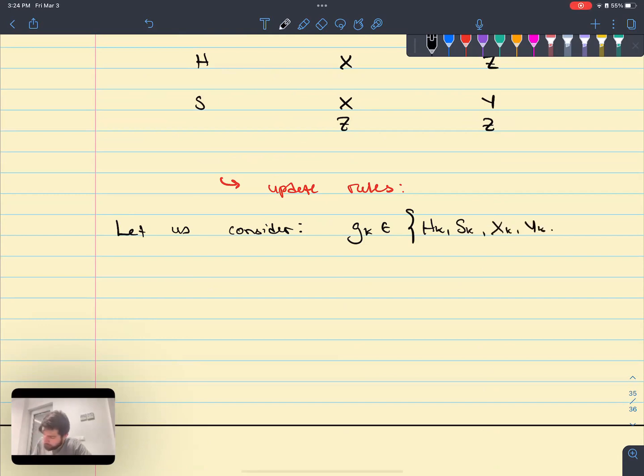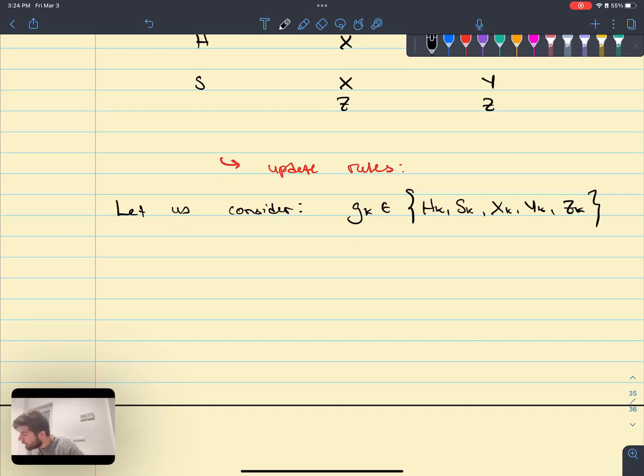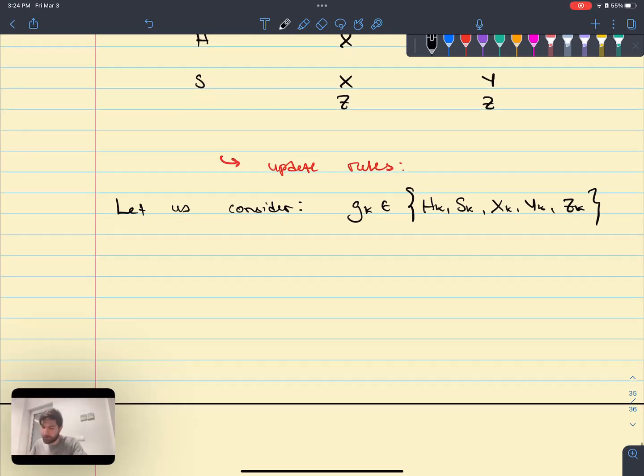We will not discriminate. Any of these acting on a single qubit, then to update our check matrix, our set of generators, all we need to do is update the Pauli acting on a particular factor. If this is the kth factor, I just have to update that position for all n generators.